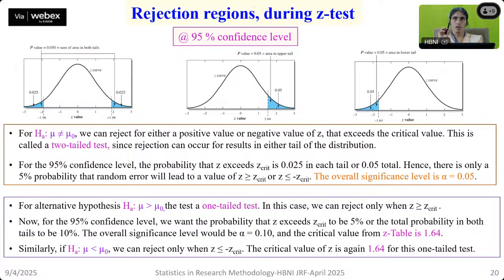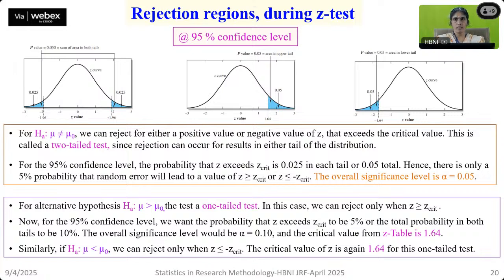These three types of figures we had discussed in the previous class. As you can see, in the two-tailed one we have a symmetrical distribution on either side, so the significance level will be double that of the corresponding single-tailed one.